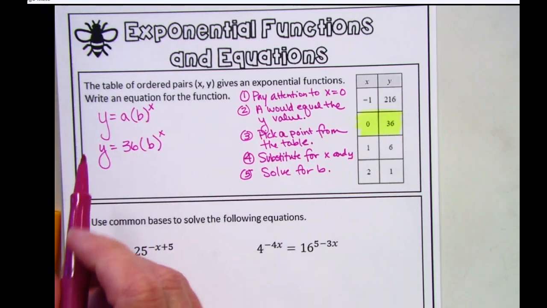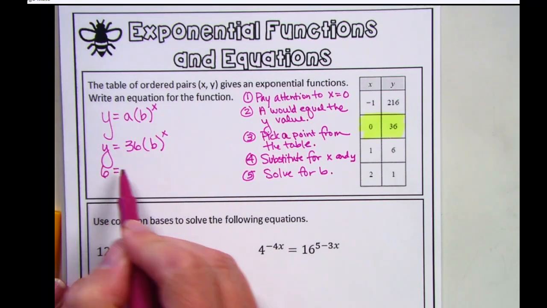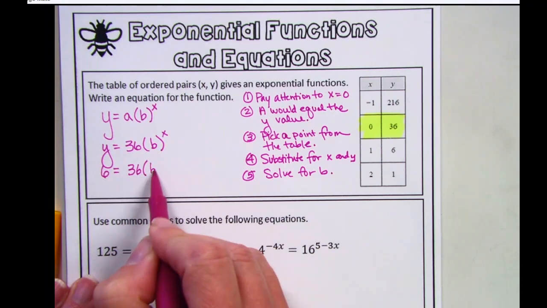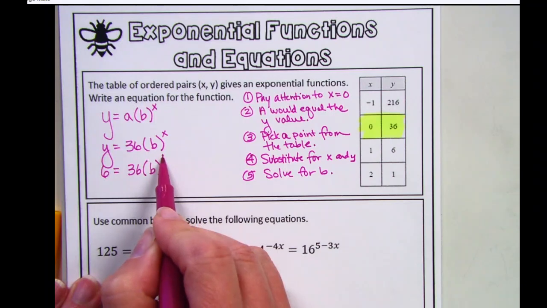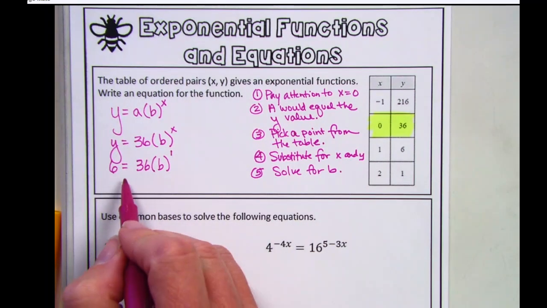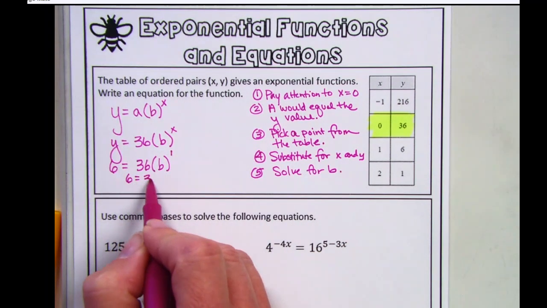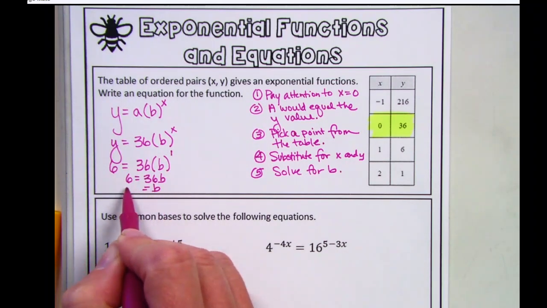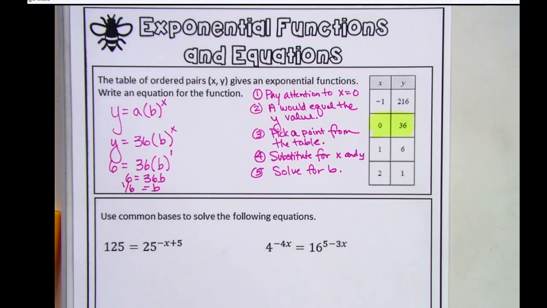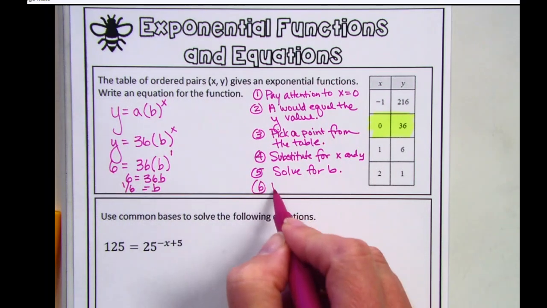So let's see. 6 equals 36 times b raised to the 1. B raised to the first is just b. So now I've got 6 equals 36b. So b is 6 over 36 or 1/6. Last step, I guess, would be write your equation.